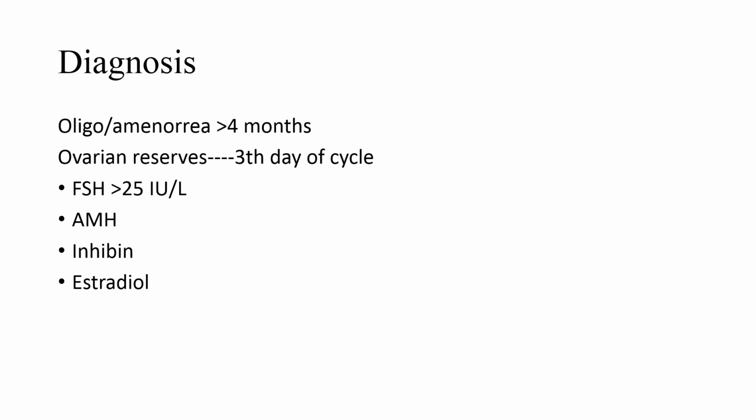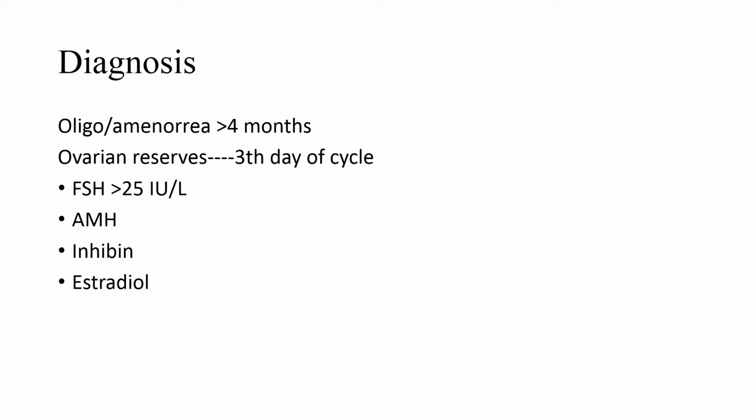But the research says that if FSH levels are just greater than 10 international units per liter, those women have fewer chances of pregnancy, because the FSH level shows that estrogen is less, so there could be premature ovarian failure in those females that have FSH levels greater than 10 international units per liter.